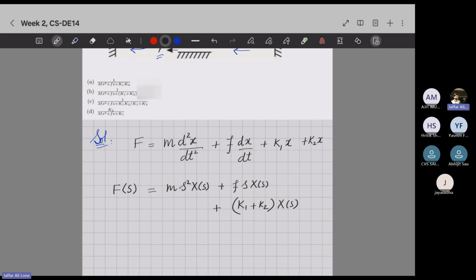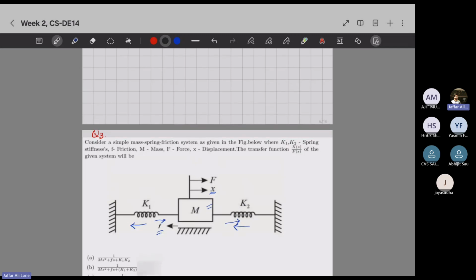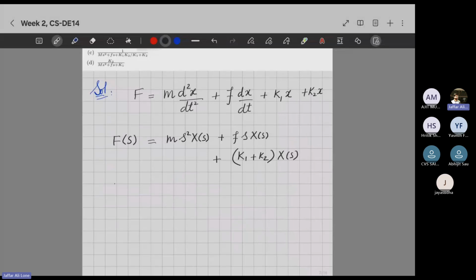Now the transfer function in this case, it's given, is X of s over F of s. So now tell me the answer. What will be X of s over F of s?